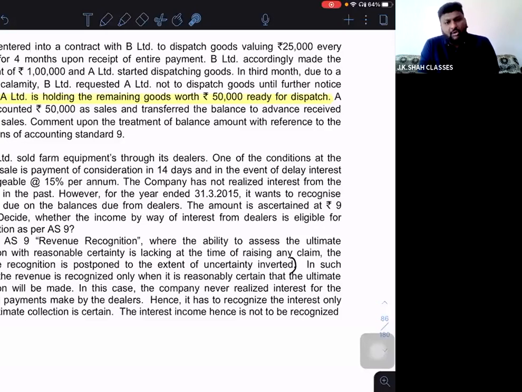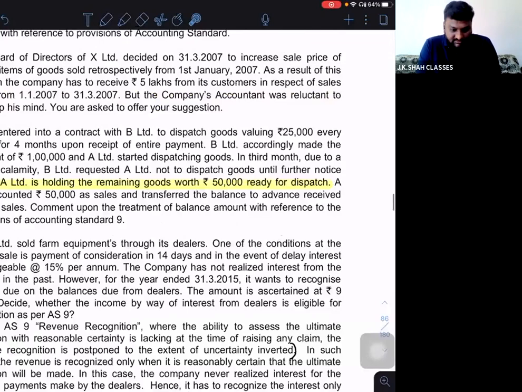If till today you have already collected many times interest from your customers, then on that basis you can definitely record the interest because the ultimate collection is certain. But there may be a chance that some may not pay. So at that time you can definitely record bad debts for that, or you can recognize a provision for doubtful debts accordingly. But at the time of raising the claim, it is certain that you're going to collect because your past experience says that you have collected. Collected, yes, sir. Okay.